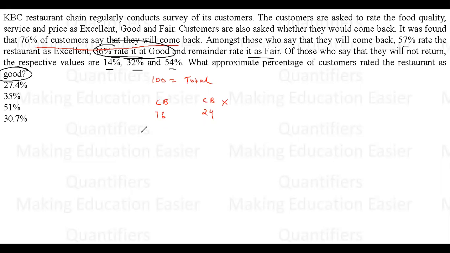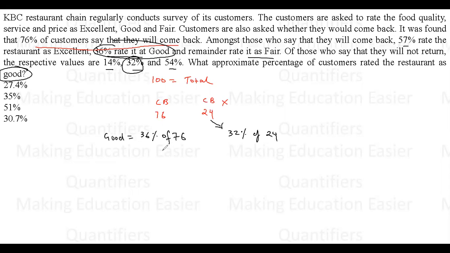So 36% of 76 rated it good. And similarly, people who said they will not return, 32% of them rated it good. So 32% of 24. So these are the people who rated it good.